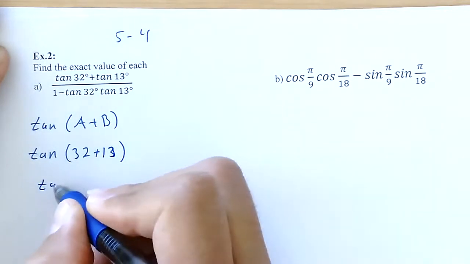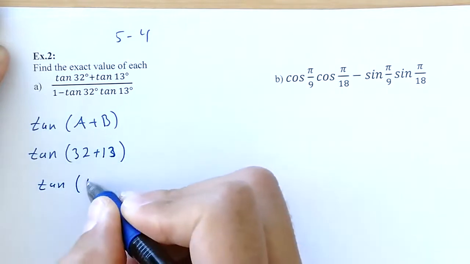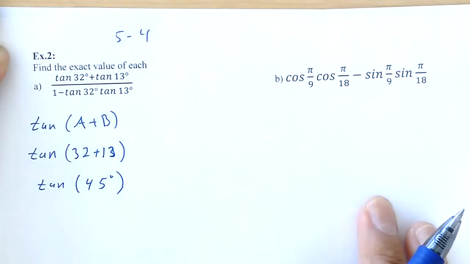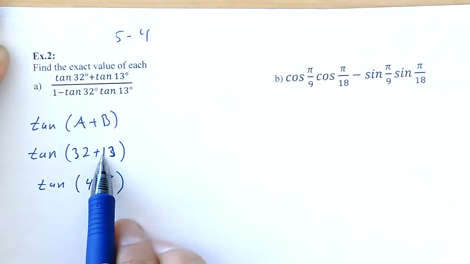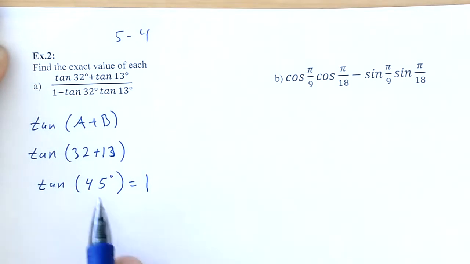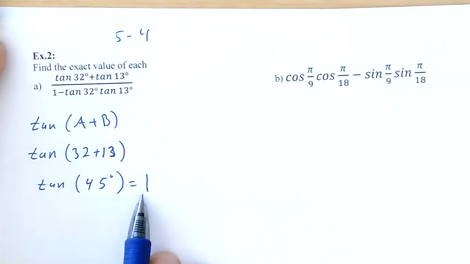And so I'm really asked to calculate the tangent of 45 degrees. And the tangent of 45 degrees, well, that's just a 1. I drew a triangle, should get a 1.